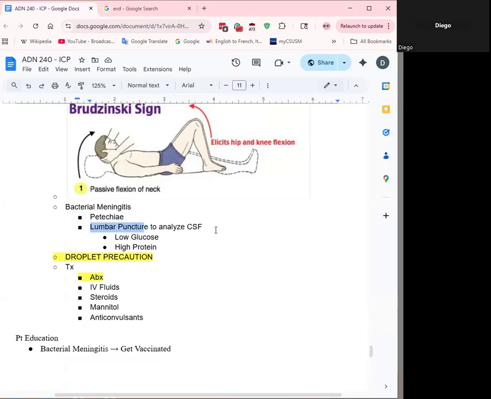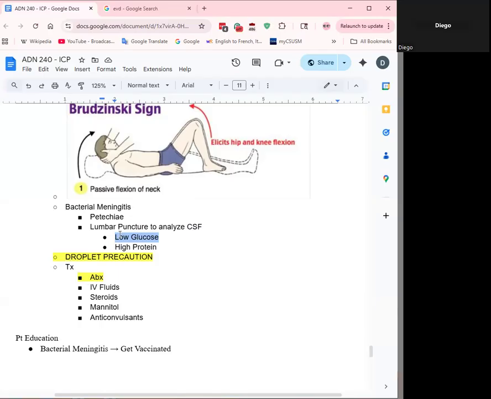Having a low glucose, lower than expected for the cerebrospinal fluid, and a high protein, higher than expected, would be indicative of bacterial meningitis. The idea is that the bacteria is feeding on the sugar in the cerebrospinal fluid, which is why it's low. But that's one of the indicators for bacterial meningitis.